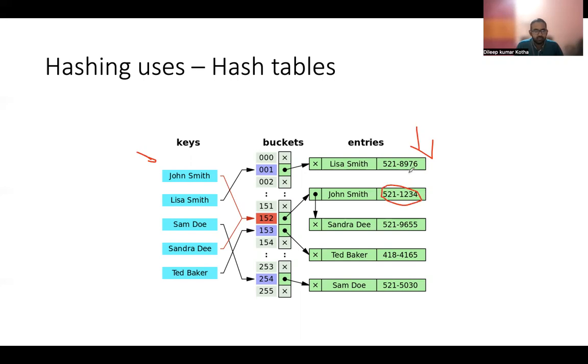And from that bucket, we can get the value, the house number of that person. So here is an example of a collision as well, where given John Smith as a key or Sandra D as a key, you are going to the same hash bucket.